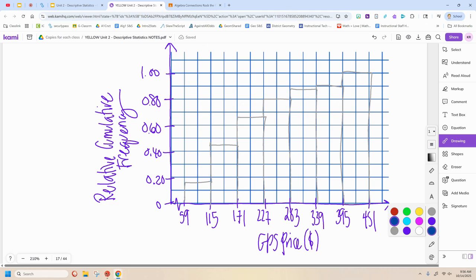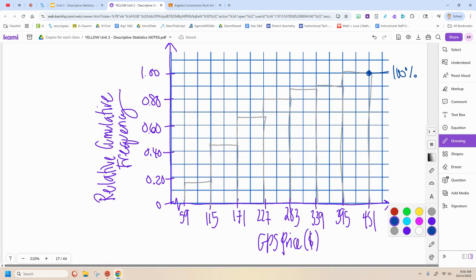An ogive is a line graph that accumulates. And so an ogive can only be on something that goes up to 100% for the full cumulative. If you think about our scale of 59 all the way up to 451, at the very end of the last bar, I can put a dot here and say that this is 100% of my GPSs.